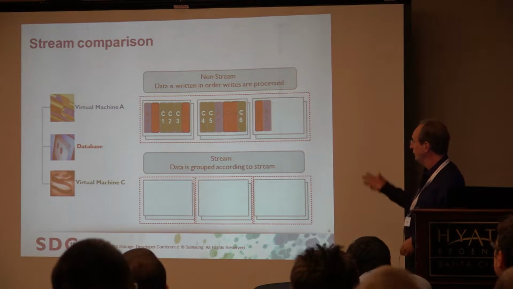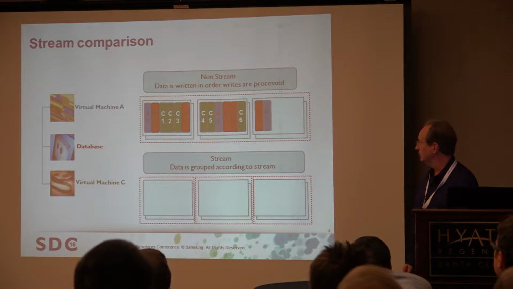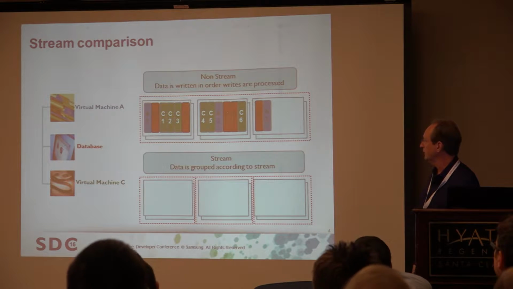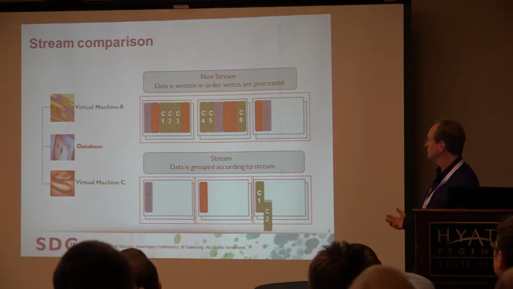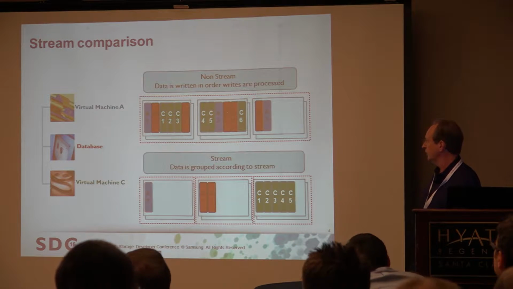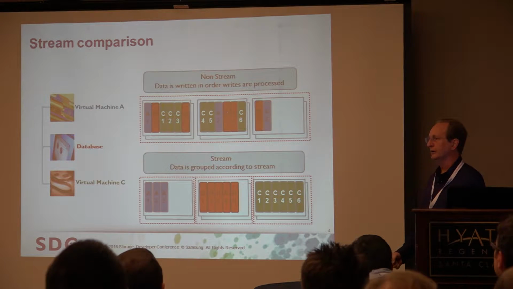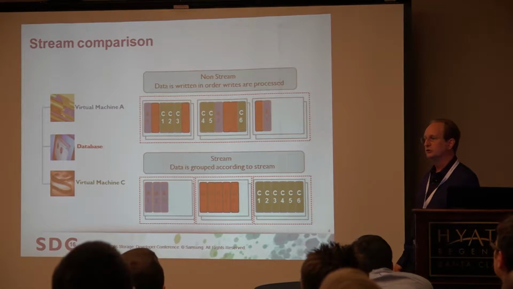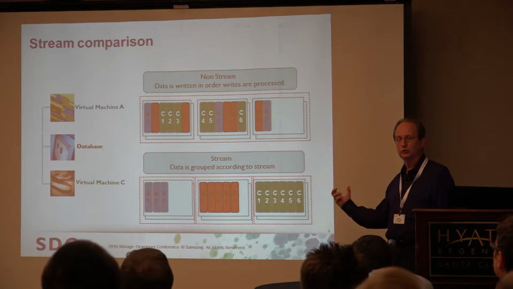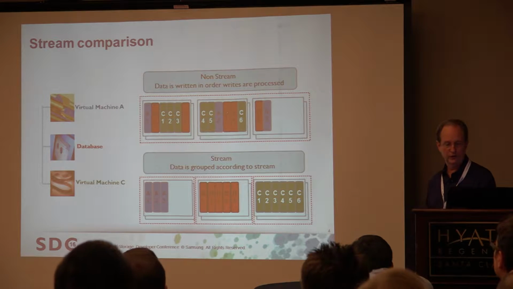On the other hand, if you have streams, your data is grouped. While the data comes in the same order, it's placed in the appropriate location based on that ordering, thereby allowing you, when a particular source of the data no longer wants that data, to erase an entire chunk of data at one time.